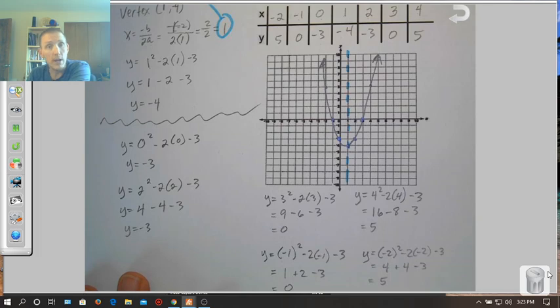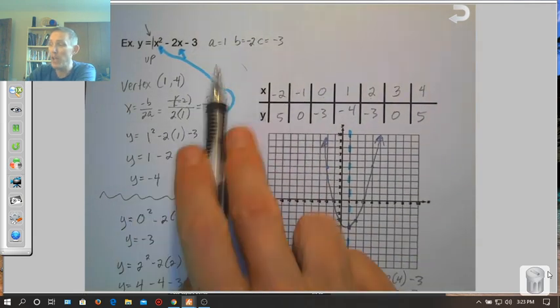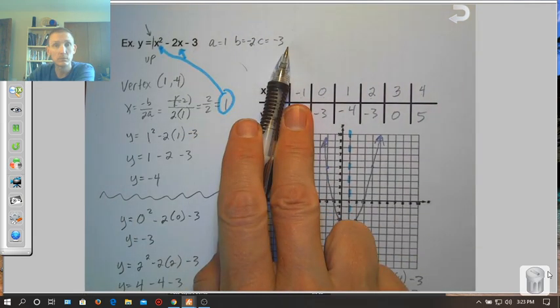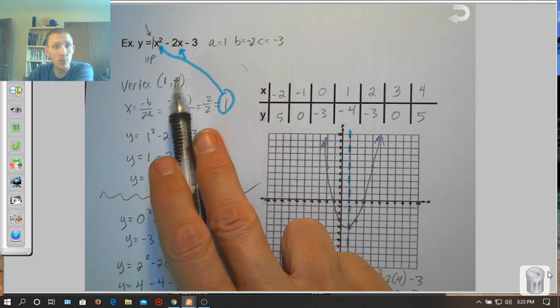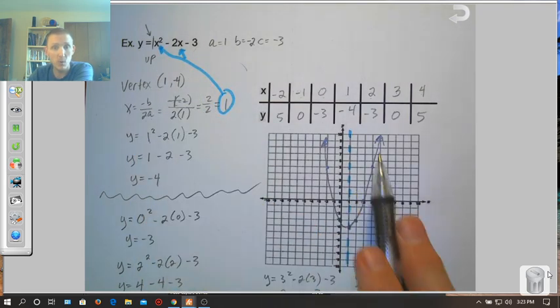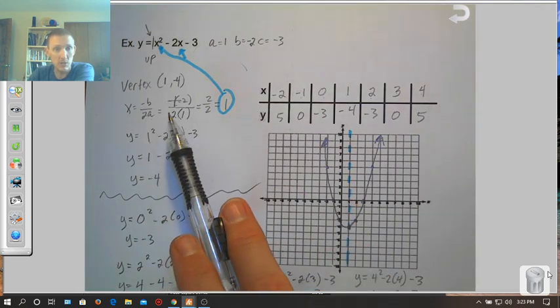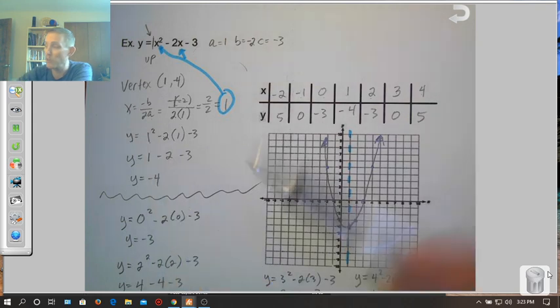So, to recap, to graph a parabola, the first thing we should do is decide what A, B, and C are. I'm then going to decide if it opens up or down. And this one I decided it was up, and sure enough, my parabola opened up. I'm going to find the vertex, because the vertex is where I'm going to start my table.